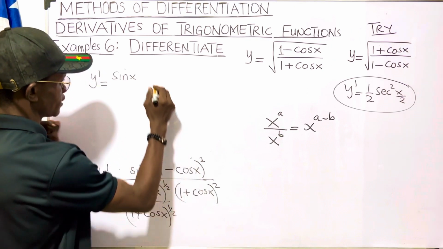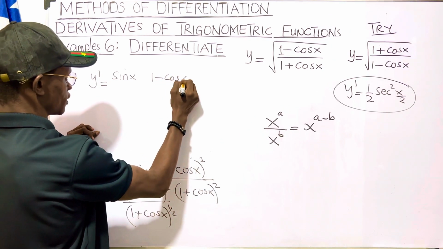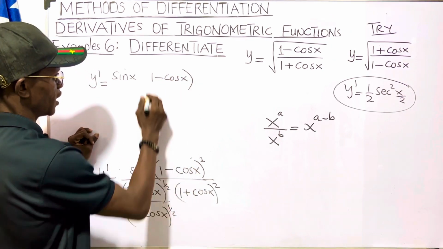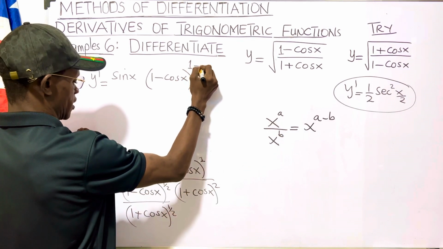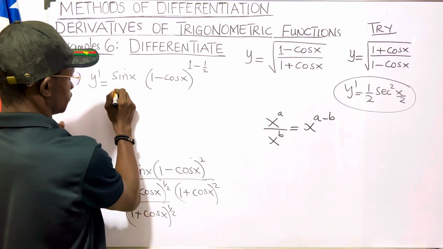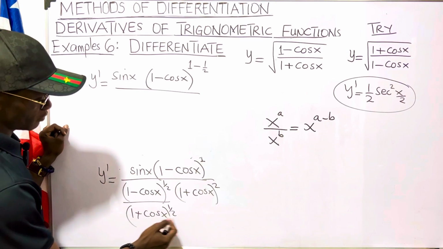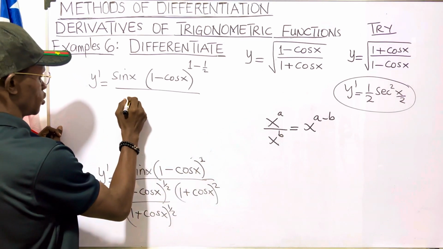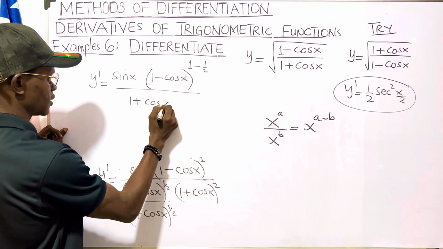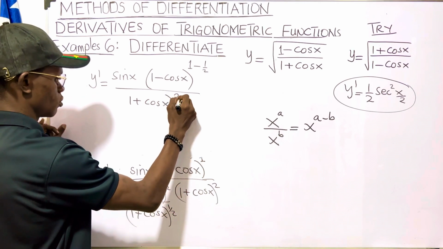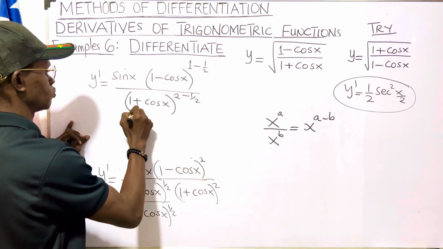So this base is 1 minus cos of x, and the same thing down here. So it's 1 minus half, divided by the same thing with this one, 1 plus cos of x, 2 minus 1 over 2.